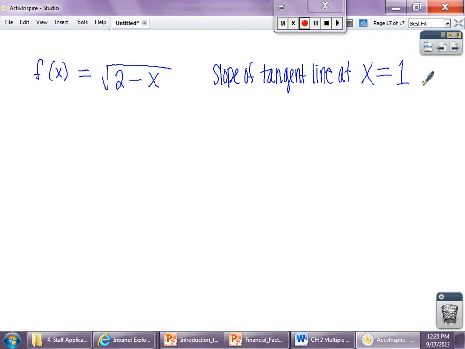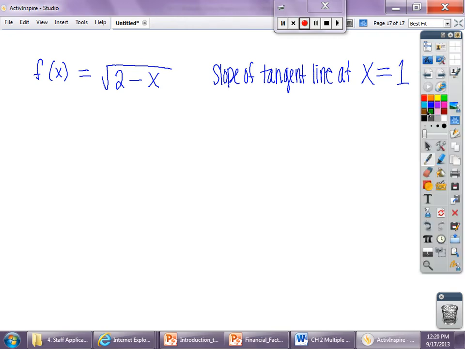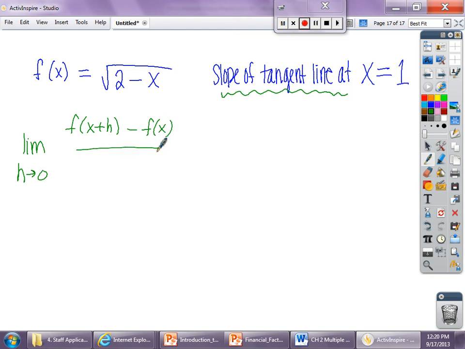So, major pieces. If you see the words slope of the tangent line, then you better right away start with a limit as h goes to 0 of f of x plus h minus f of x all over h. That better be where you start when you see slope of the tangent line. And once I see that, I know that up here, off to the side, I'm going to find f of x plus h.